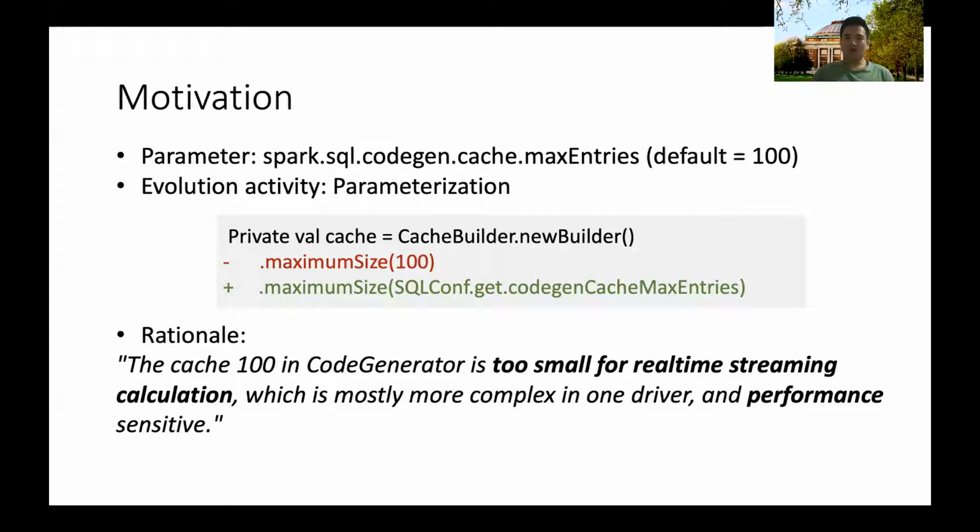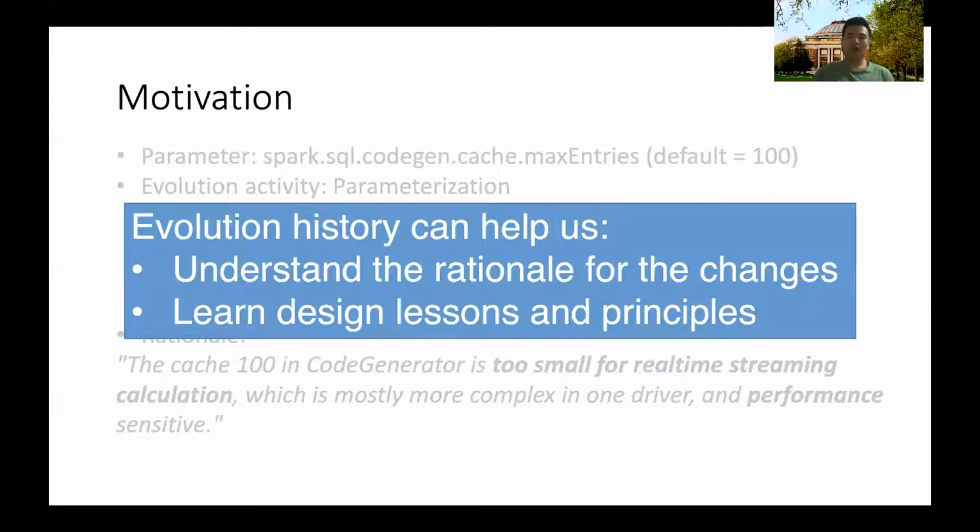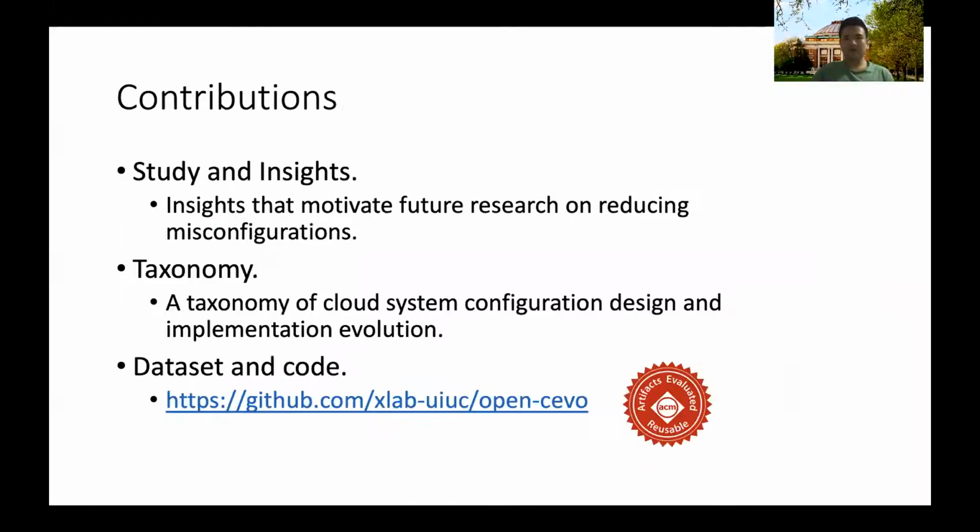For this specific parameter, we will know that next time, if we want to do real-time streaming, we may want to change it bigger rather than use its default value 100. So evolution history can help us understand the rationale for the changes and learn design lessons and principles.